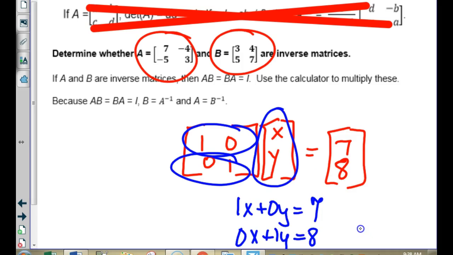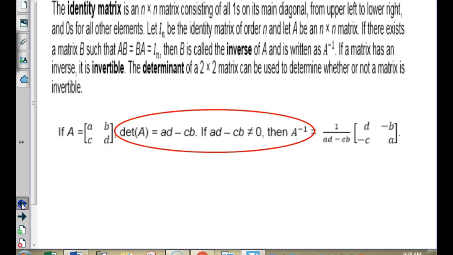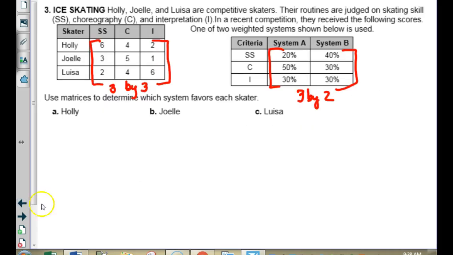Did we just solve this? This would mean x equals 7 and y equals 8, right? Okay, so if we can get an identity matrix and it's equal, it'll help us solve it by what's called an inverse.